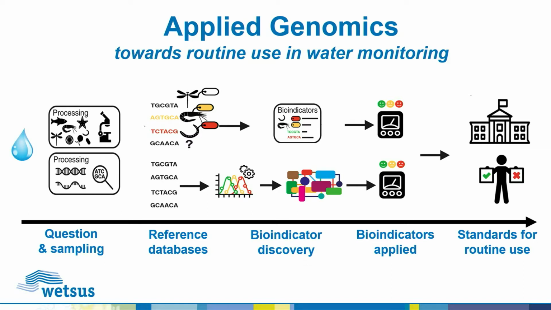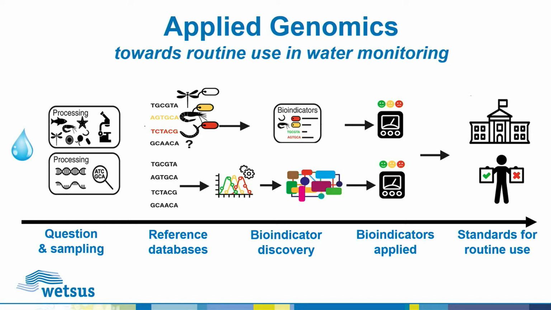With genomics, you can access that kind of information. And to be able to understand DNA or RNA-based information, we need reference databases that tell us which DNA belongs to which animals. And reference databases are important in that respect.